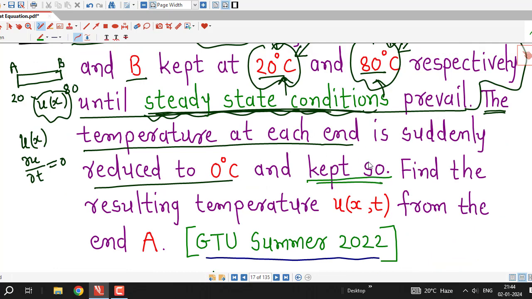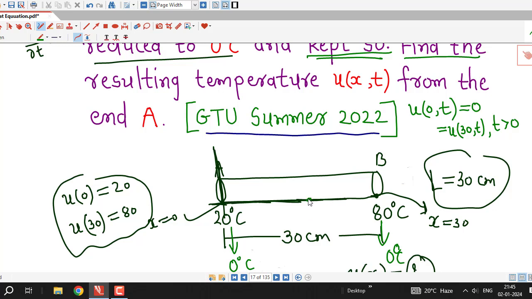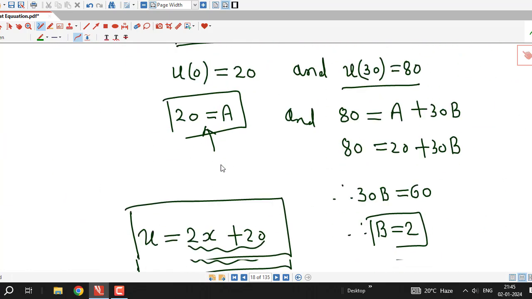That means it will remain the same for all time t greater than 0, and we have to find the resulting temperature from the end A. So suppose I am interested in the temperature at this point, then what is the temperature at this point from end A during the unsteady state situation?